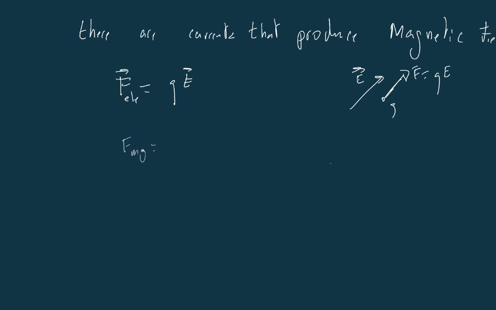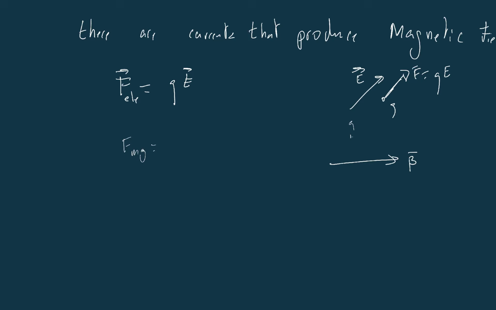If you have a magnetic field B here, and you place a charge Q here, to observe a force on the charge Q, you need the charge to be moving.